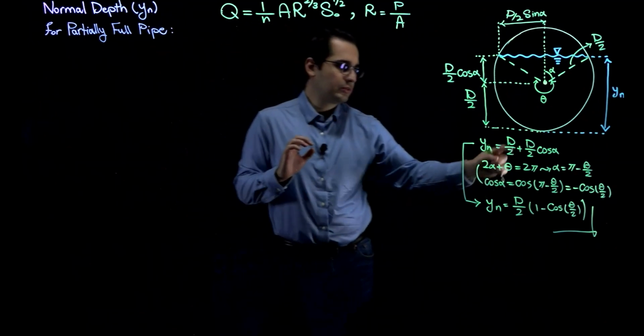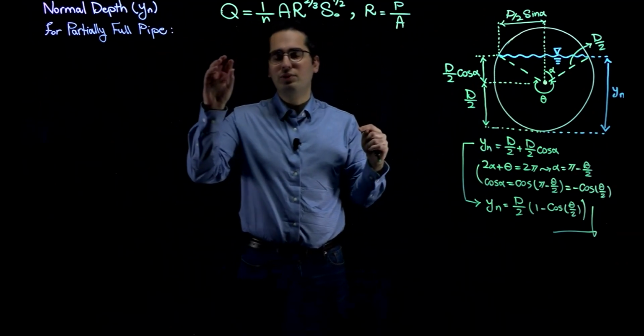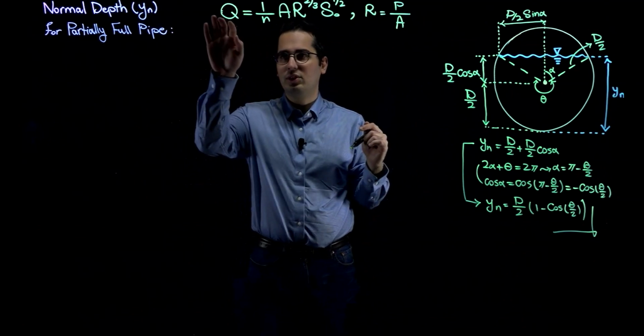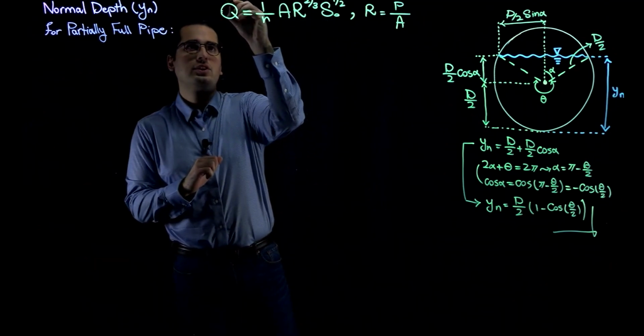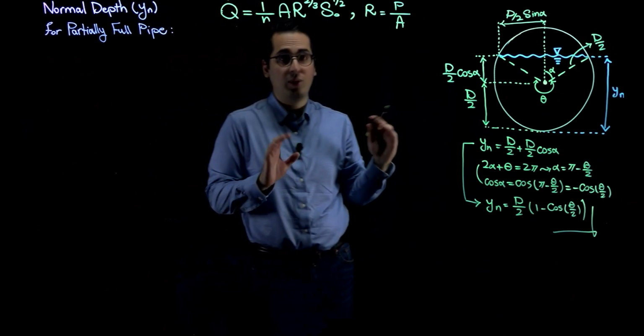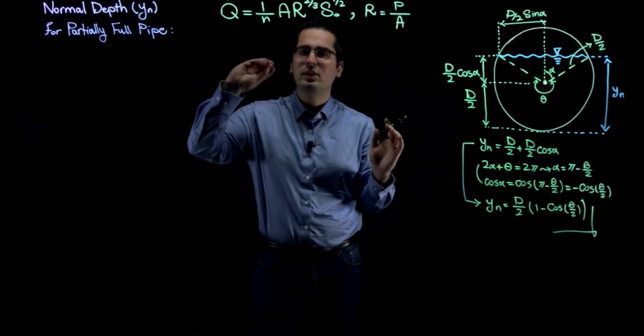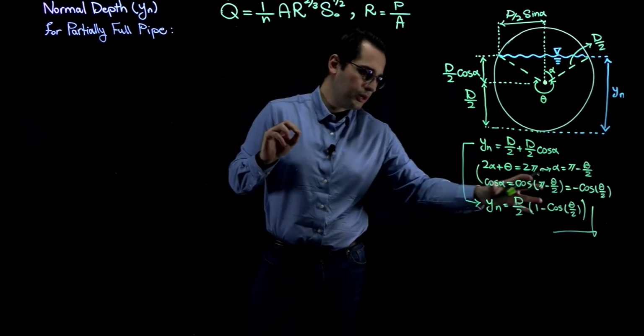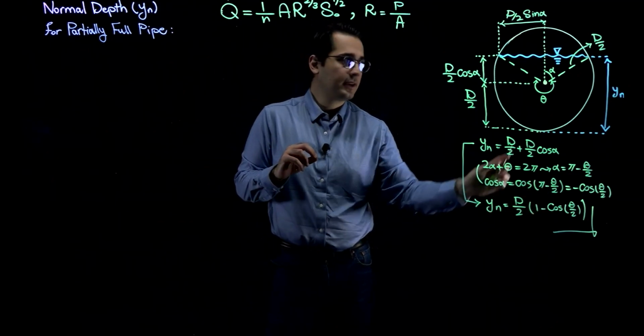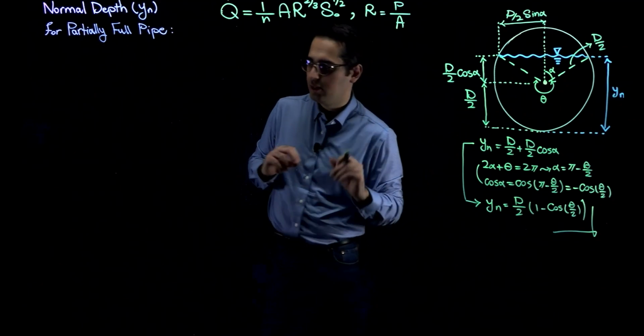All of these are in terms of theta, and then I will find an equation in terms of Q and theta. Since the value of Q is normally given, you have your design flow, then you will find the value of theta from the equation that we are going to develop, put it over here, and you will be able to find normal depth. All right, let's do that.